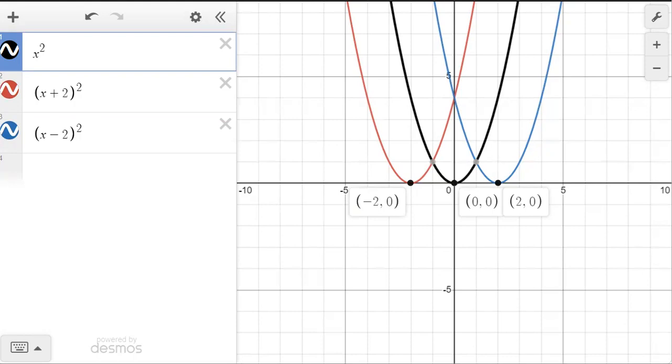The black is the original graph, and then the left one is the transformation f of x plus 2, and then the blue color graph is f of x minus 2. One graph is shifted left, one graph is shifted right. Right? Now I think you have understood.